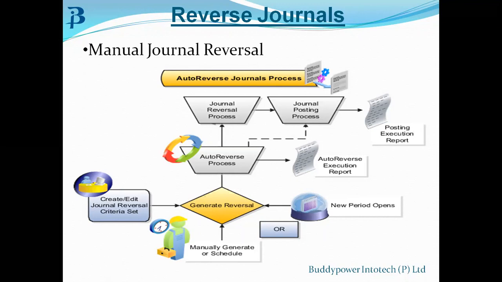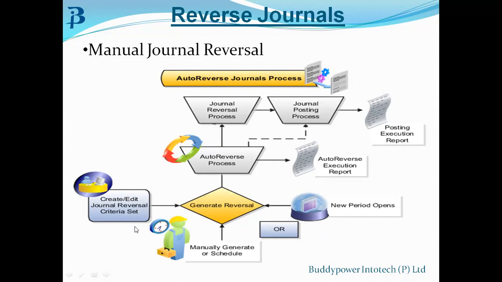So there is a new ledger option called Launch Auto Reverse After Open Period that you can enable to have the journal reversals automatically generated when an accounting period is opened for the ledger. So basically, you first define your journal reversal criteria set, which I just mentioned in the previous slide.